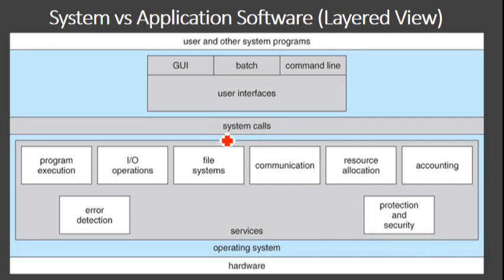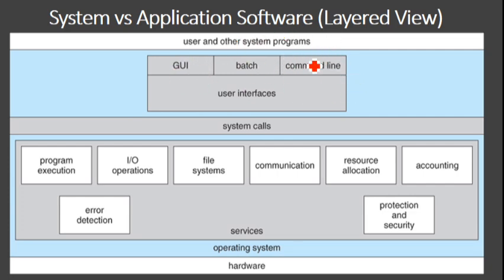It provides an interface between the user and the operating system. The various types of user interfaces are the graphical user interface, batch processing where multiple users communicate with the processor, and the command line interface, which uses text based commands given from the command prompt.